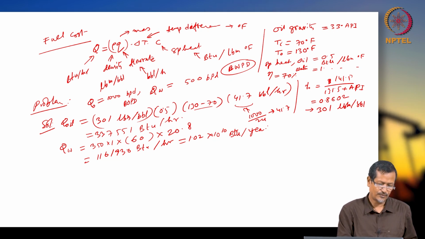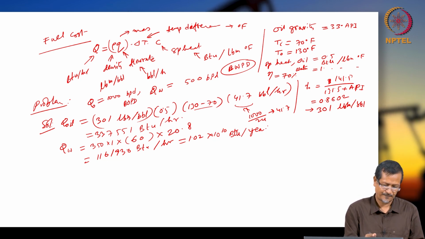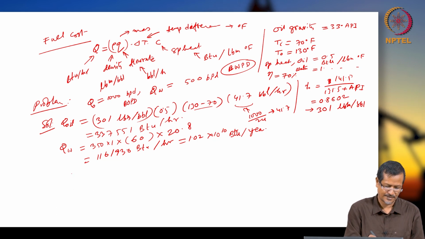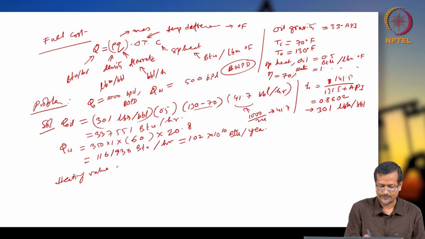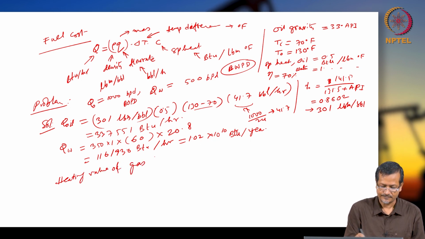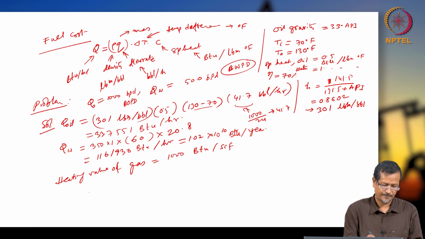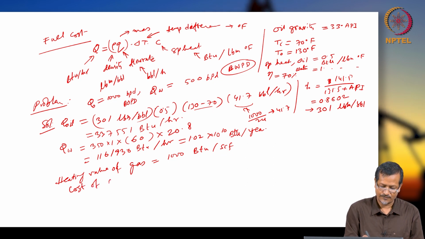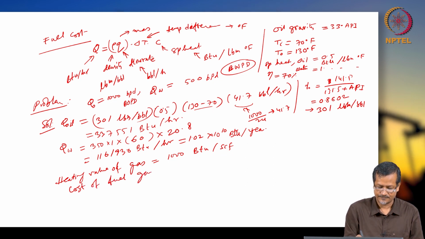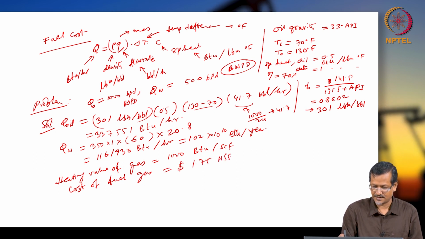Now if you know the price, some example price is given, but the present price may be different. In the book, whatever price is given, I am trying to calculate with that. Heating value of gas is 1000 BTU per SCF, standard cubic feet. Cost of fuel gas, they have given like 1.75 per MSCF.